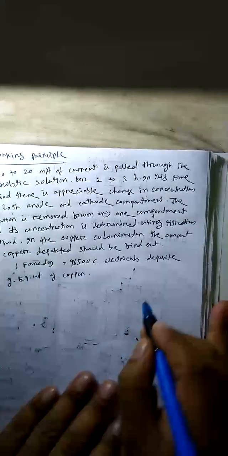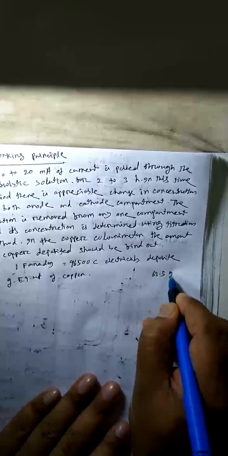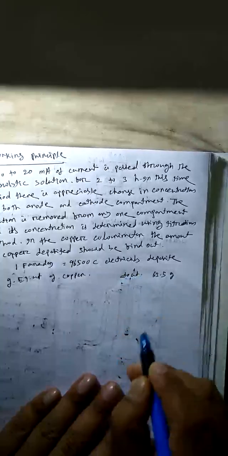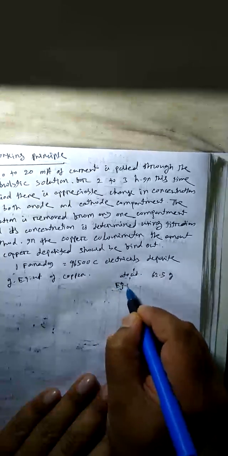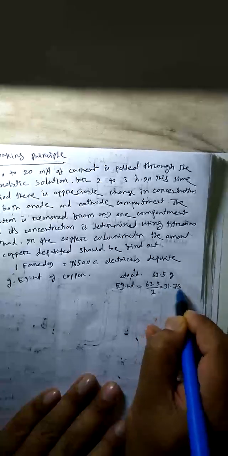The atomic weight of copper is 63.5 gram and the valence is 2, so the equivalent weight is 63.5 divided by 2, which is 31.75 gram.